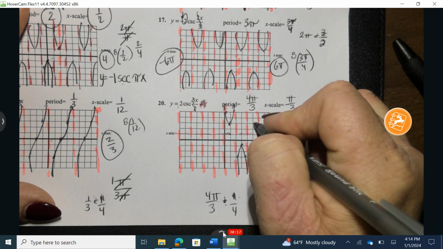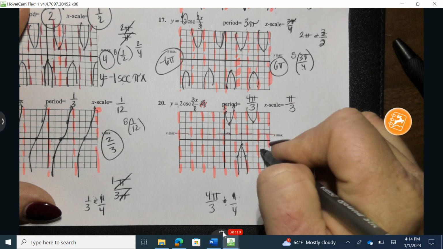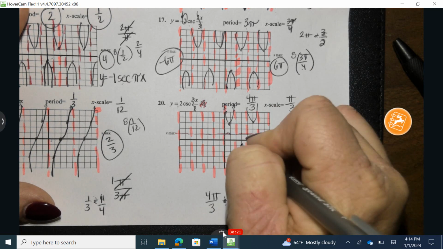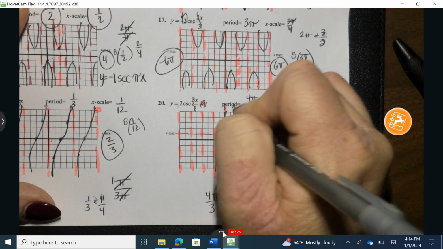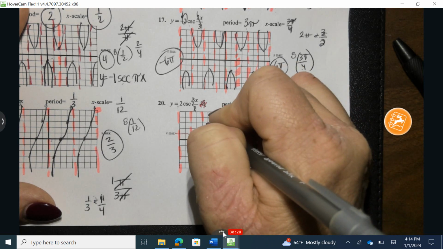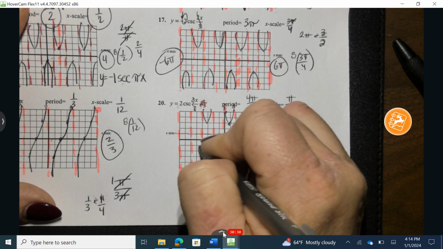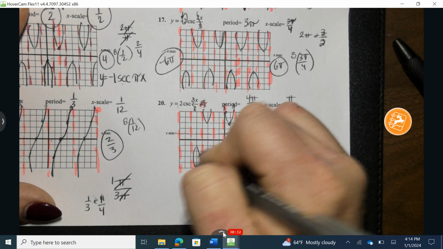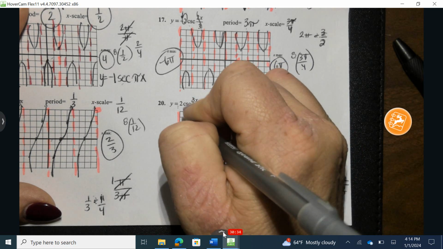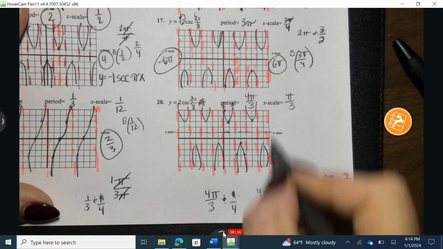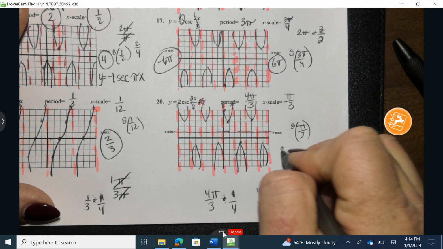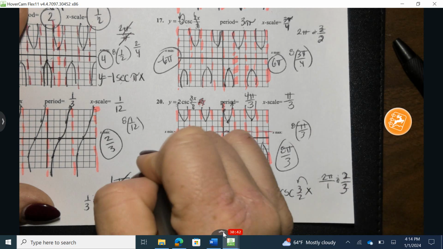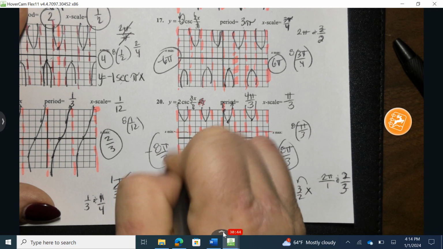I'm just copying this all over again, up and down, down, and up, and up. All right, there we go. Now this is a distance of 8. 8 times pi over 3 is 8 pi over 3 to the right, and negative 8 pi over 3 to the left.